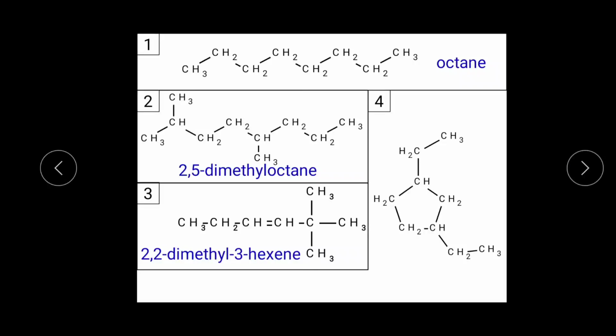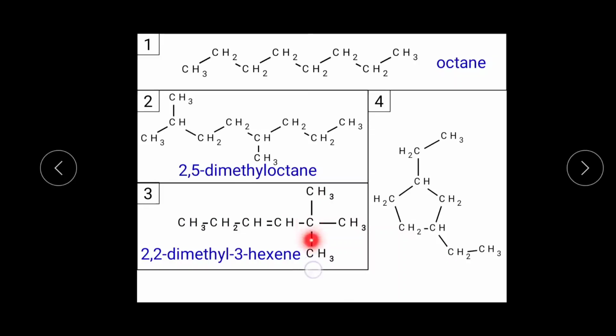For the third structure, number 3, we have here a 2,2-dimethyl-3-hexene. We will begin where the double bond is near to the end, and we will begin the counting right to the left.